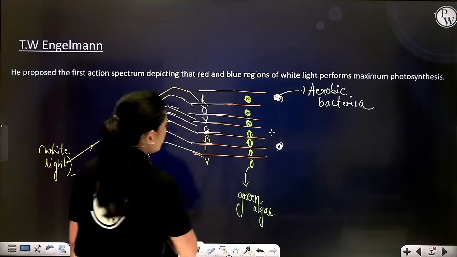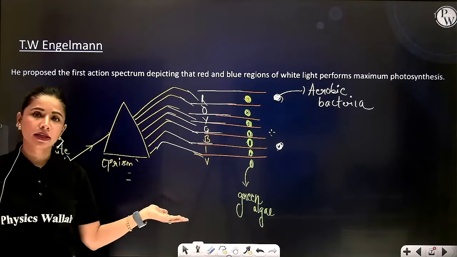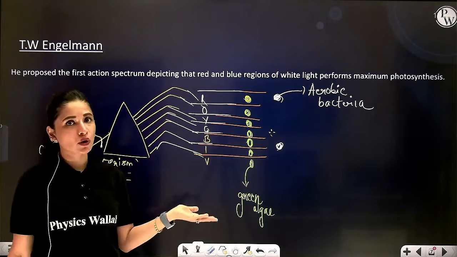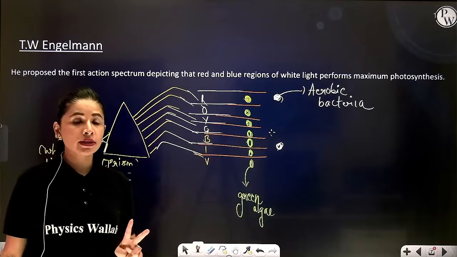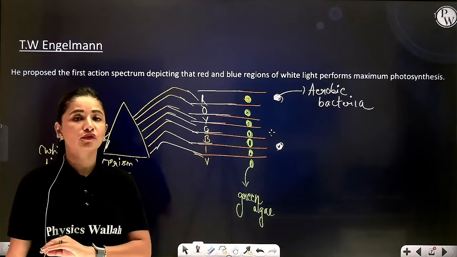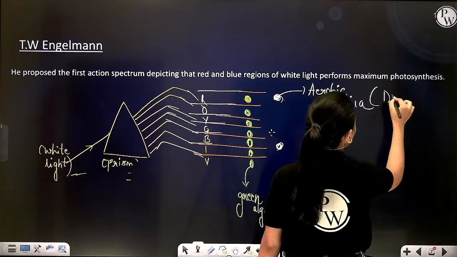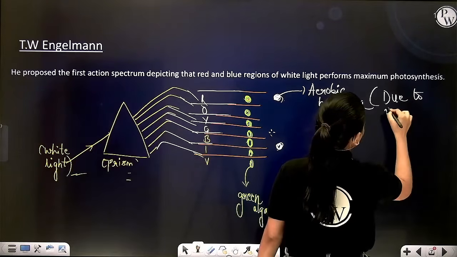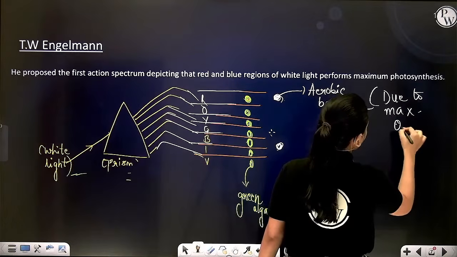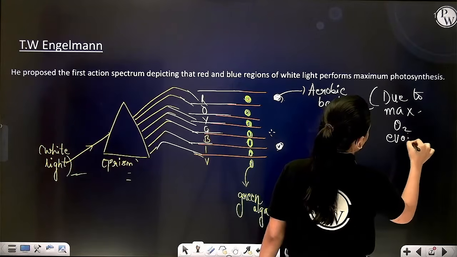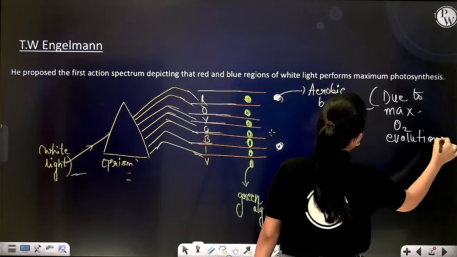Yeah. So with the help of this experiment, we can very surely make out that the 2 regions where aerobic bacteria are flourishing maximum, they are flourishing maximum due to maximum oxygen evolution. And this is happening why?